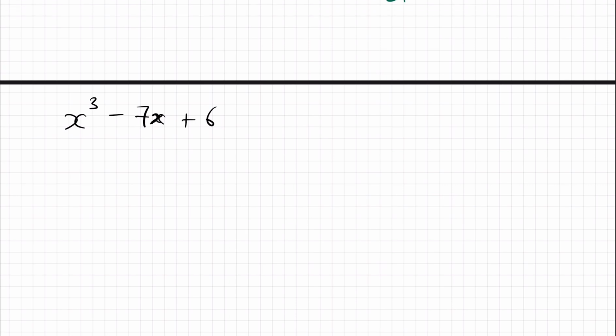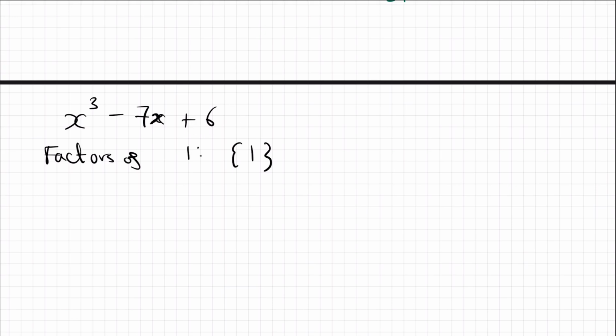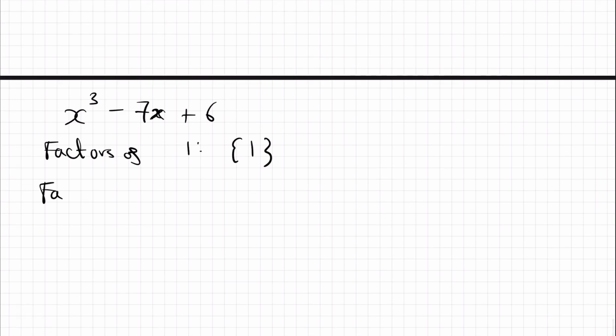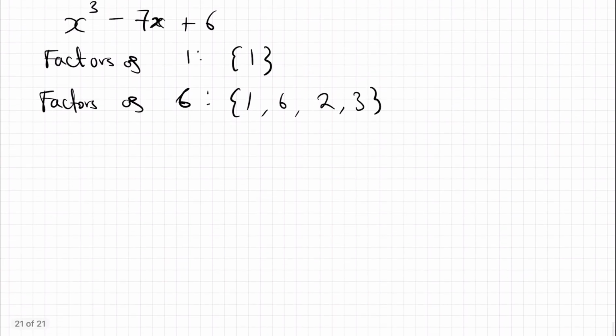So first of all, we need to get the factors of the highest degree, which in this case is just 1. So factors of 1 is literally just 1, just like that. And now we need the factors of the lowest term, so factors of 6, well, we got 1 and 6, and we've also got 2 and 3, just like that.